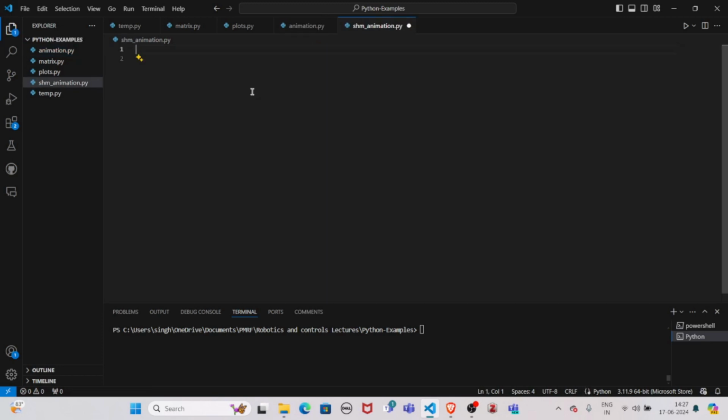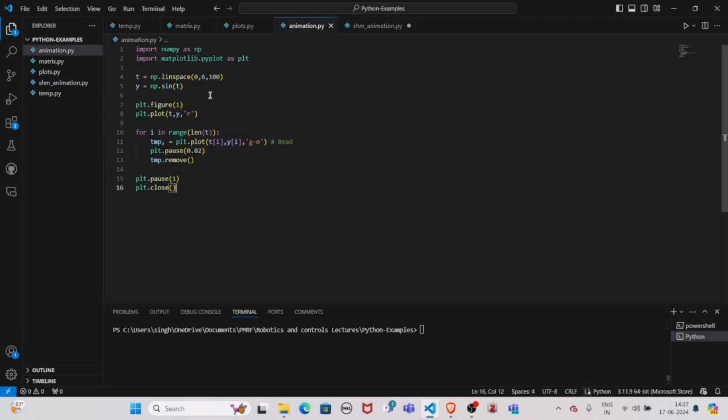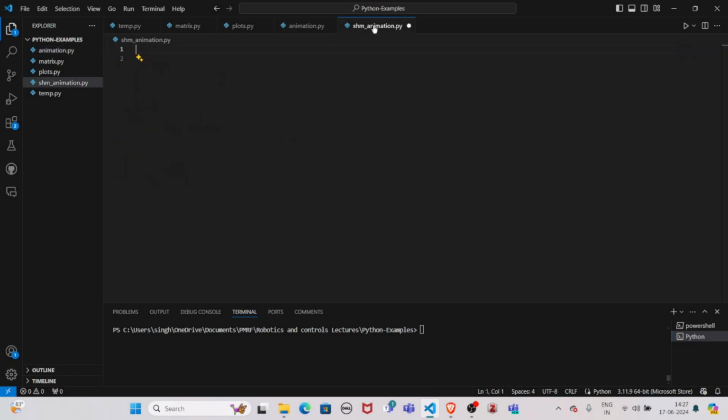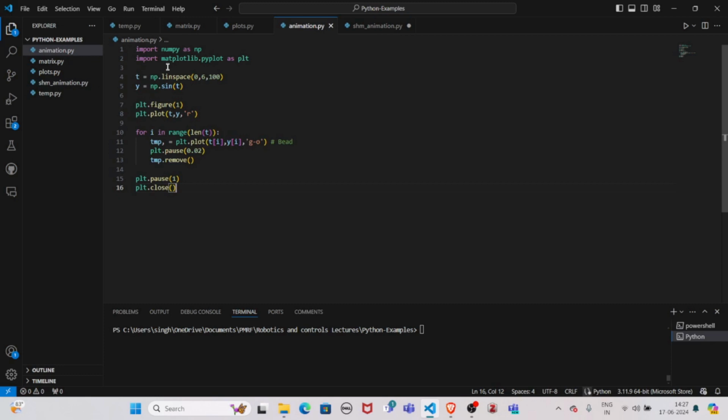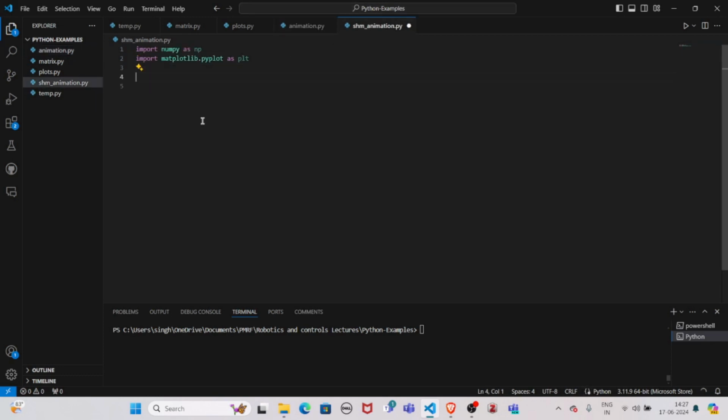If we look at the previous animation, we imported the libraries, we wrote the functions, the dependent and independent variables, we opened the figure, we plotted, and then we ran this loop for animation, and then we closed the plot. We'll use a similar framework for doing this. Let's just copy this import function. We don't need to write this again and again.